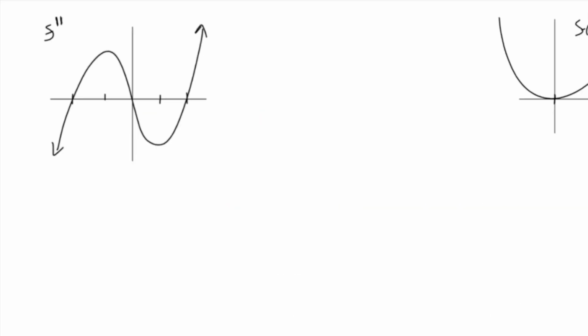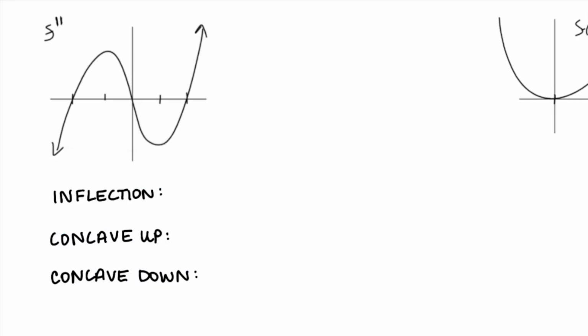All right, here's another one. Very similar. We're looking at a picture of the graph of f double prime. The points of inflection will be the sign changes. So negative 2, 0, and 2. My reason is f double prime changes sign.